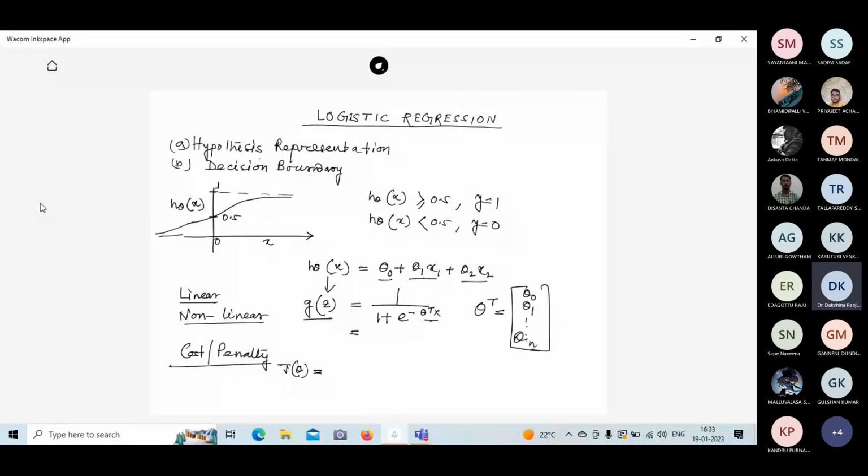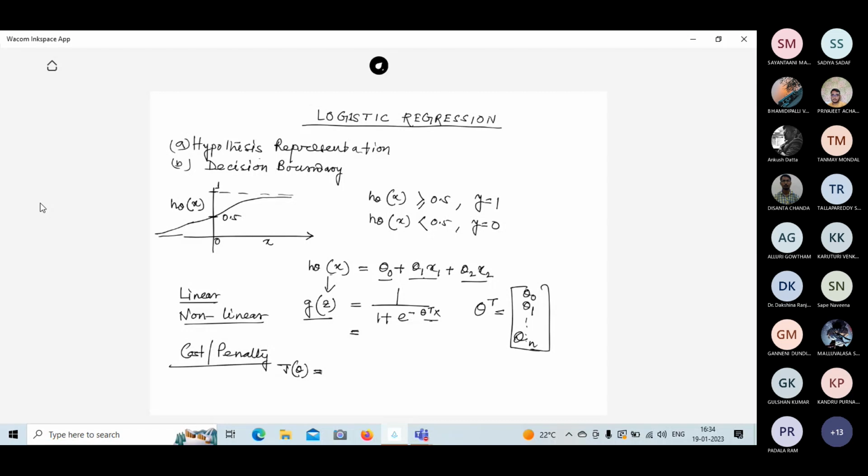These model parameters we have to determine from the cost function or the penalty function. Okay, and to choose the optimal model parameters value, we have to first define the cost function for logistic regression. Okay, and then we will minimize this cost function or this penalty function using optimization.